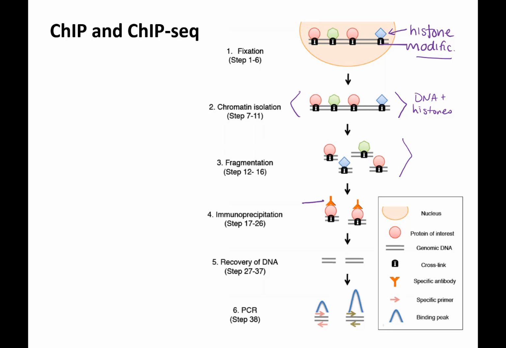You add the antibody that's specific for what you're looking at, so it could be H3K9 methyl 2, H3K27 methyl 3, acetylated H3, whatever it is. This will pull out these specific complexes.